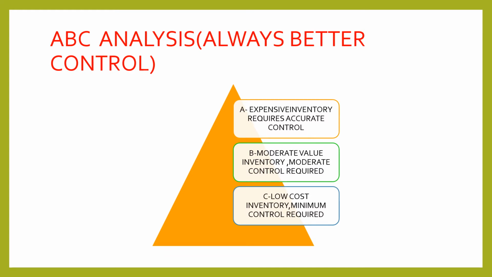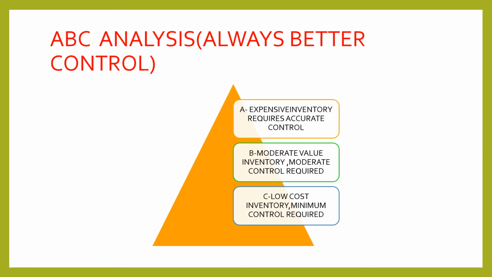So the A inventory stands for the expensive inventory which requires accurate control. The B inventories are the moderate value inventory which requires moderate control, and the C are the low cost inventory which requires very minimum control.